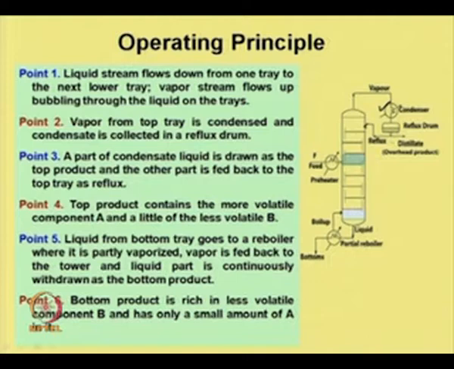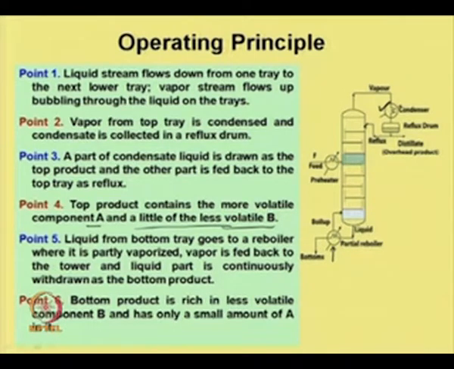Part of the condensate is taken and fed at the top of the tower, and this is known as the reflux. The top product which is coming out contains the more volatile component, which is A, and a little amount of the less volatile component. The liquid from the bottom goes to a reboiler where it is partially vaporized.